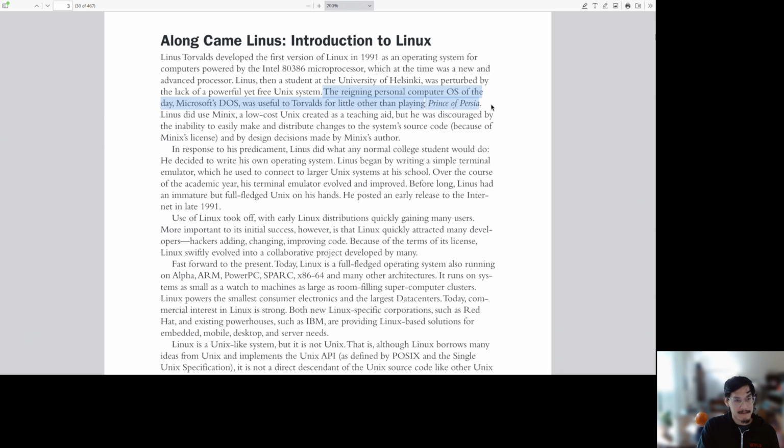So he started writing a terminal program first, and that just evolved into Linux. His name is Linus, but we pronounce it Linux. Okay, good. Over the course of his academic career, his terminal emulator evolved and improved. Before long, Linus had an immature but full-fledged Unix on his hands.